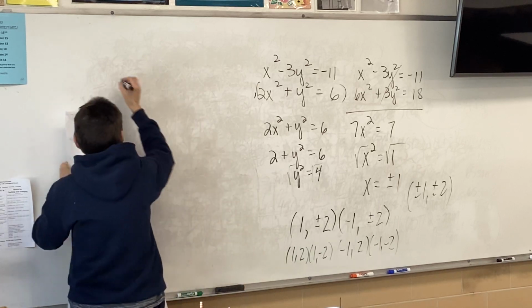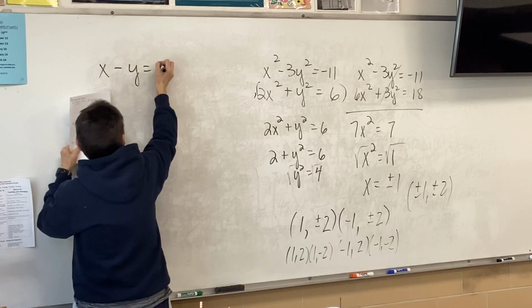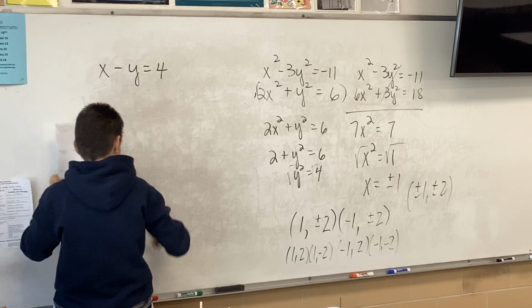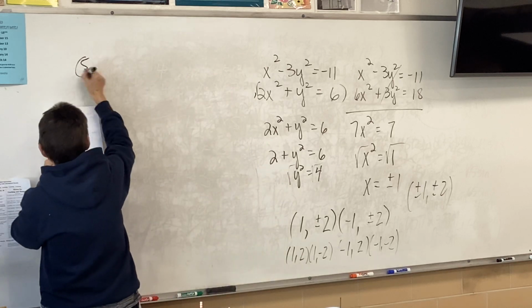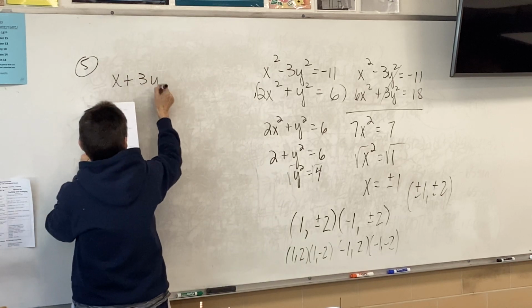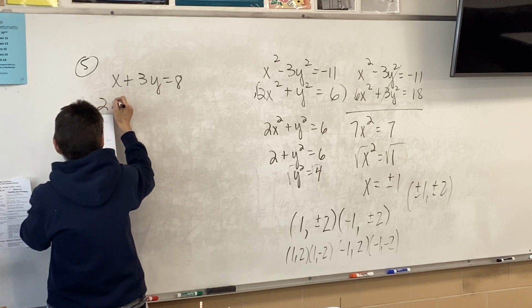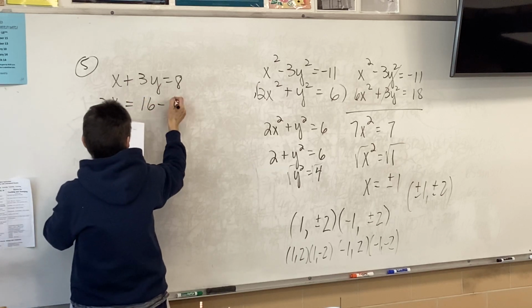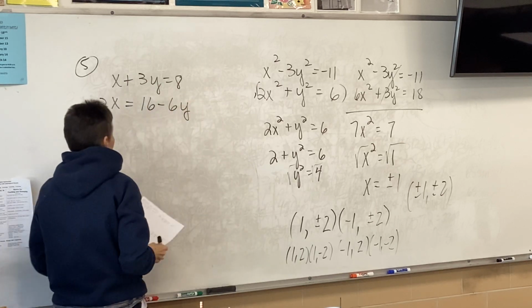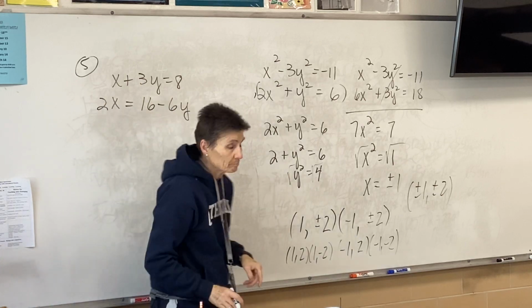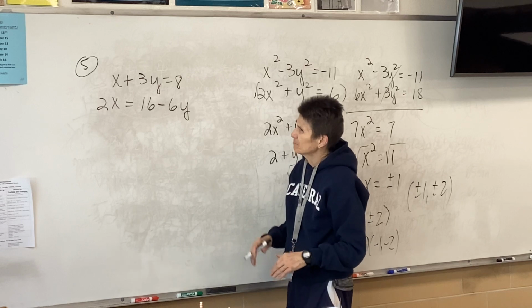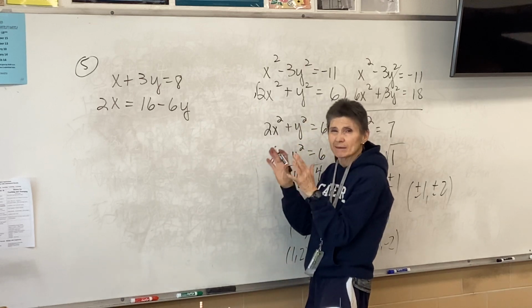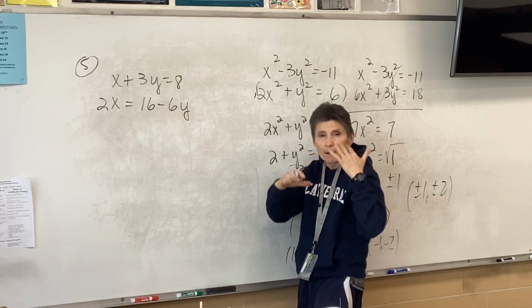Last one, substitution. Or no, we already did that one. Doing elimination. Number 5. This is number 5. Okay, we're eliminating. I don't know if you noticed this or not, but things are kind of not right in terms of lined up and all that.